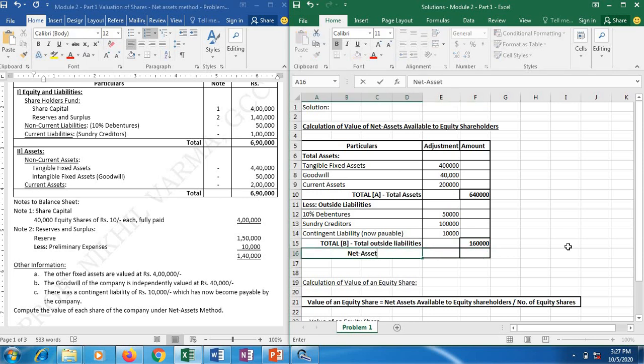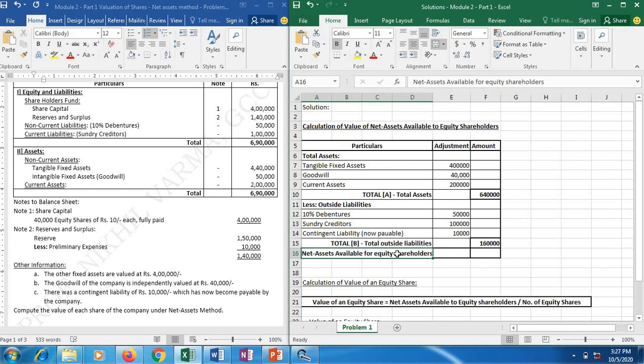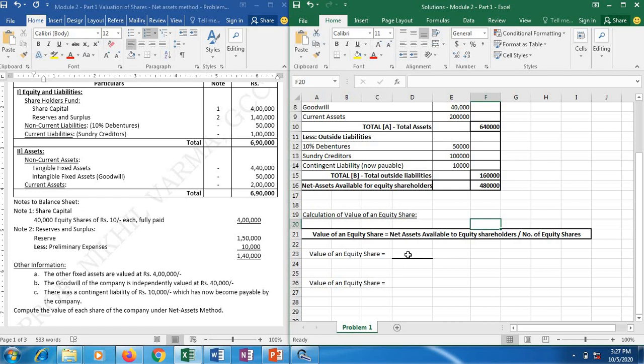Now let us calculate net assets available for equity shareholders. Net assets available for equity shareholders, that is total of A minus total of B. We get 4,80,000 as the value of net assets that are available for equity shareholders.